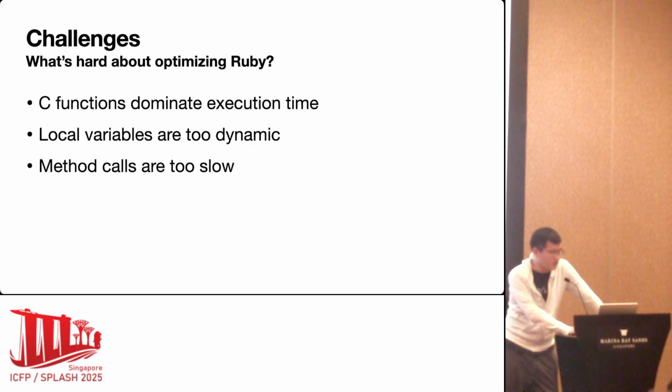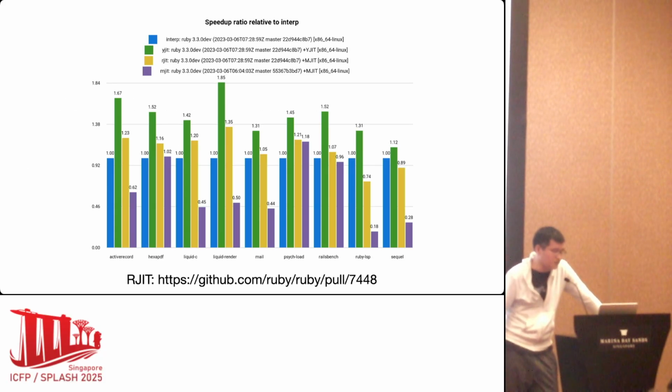So for the first thing, the C functions dominate execution time. This is the benchmark graph from before ZJIT that compares YJIT, RJIT, and MJIT. These are the three different Ruby JITs that were merged into Ruby before ZJIT.